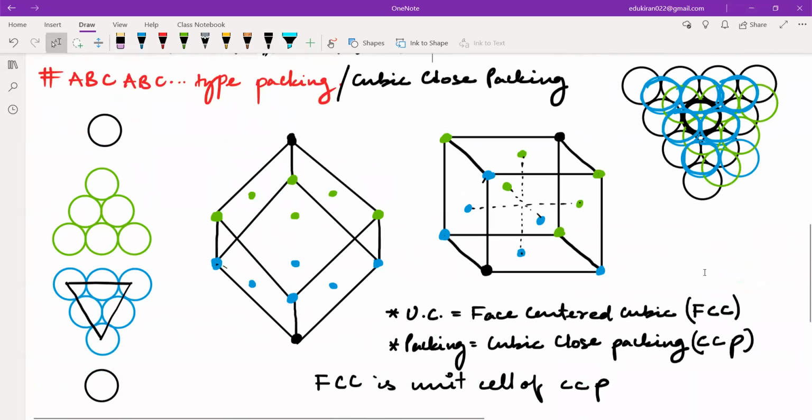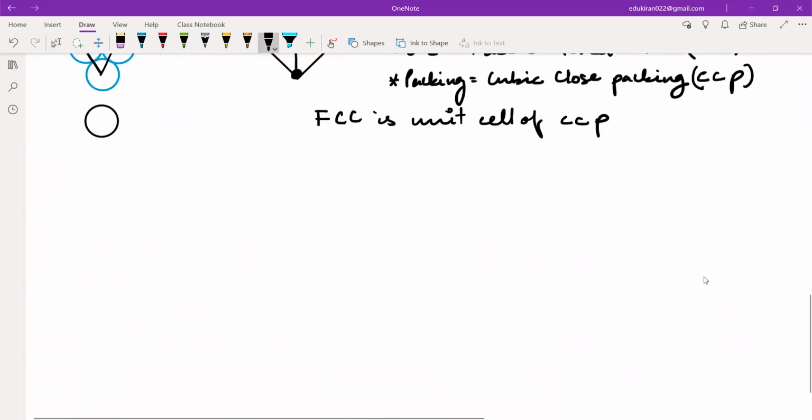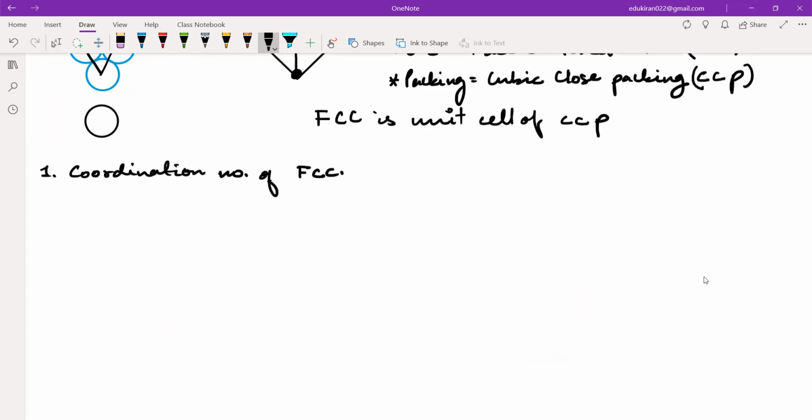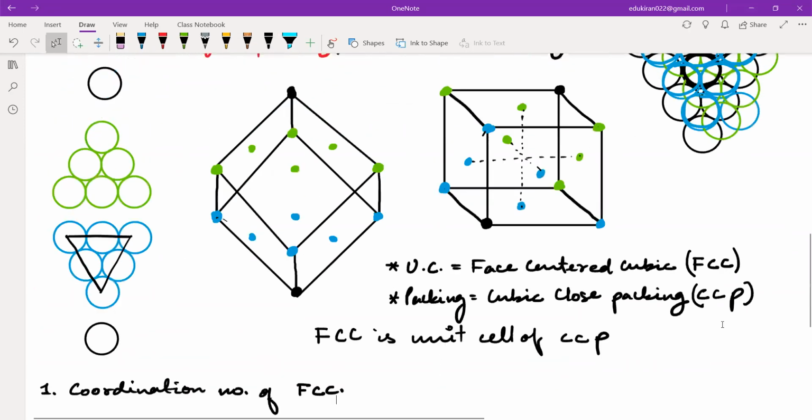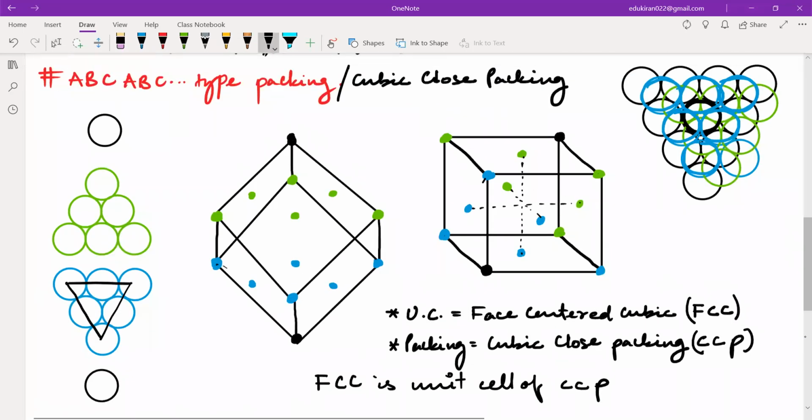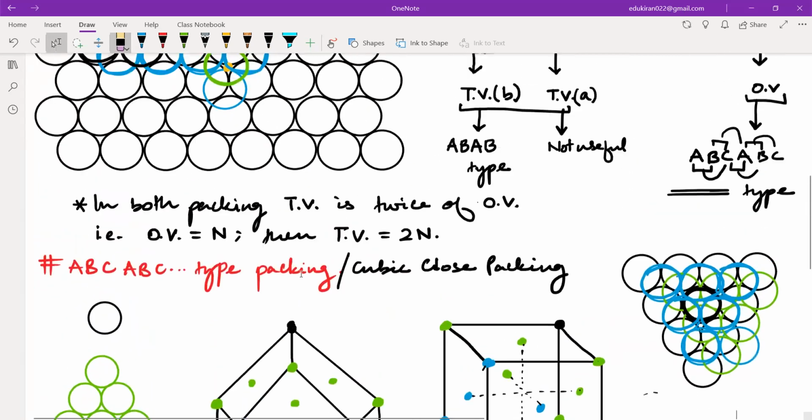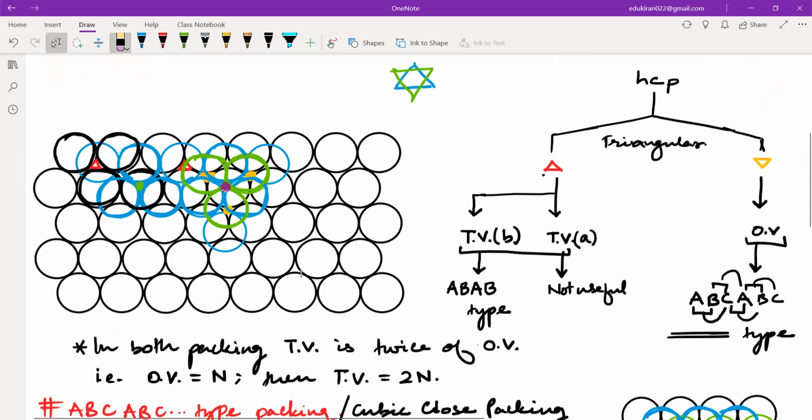Let us first of all try to think about the coordination number of FCC. Now for this, again, I want your focus here in this part. Just need one more atom.